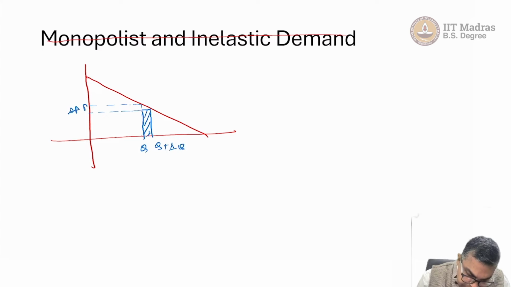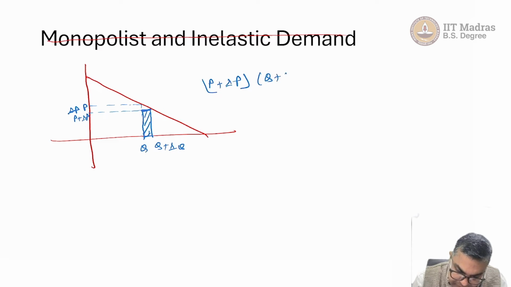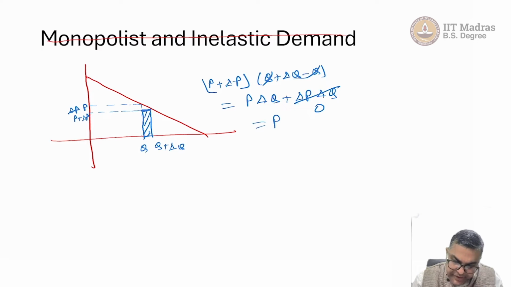Here earlier you had P and this is P plus ΔP. The area is going to be equal to (P + ΔP) multiplied by (Q + ΔQ) minus PQ. So P ΔQ plus ΔP ΔQ, and this goes to 0, very small. So you are getting P ΔQ because you are selling an additional item.